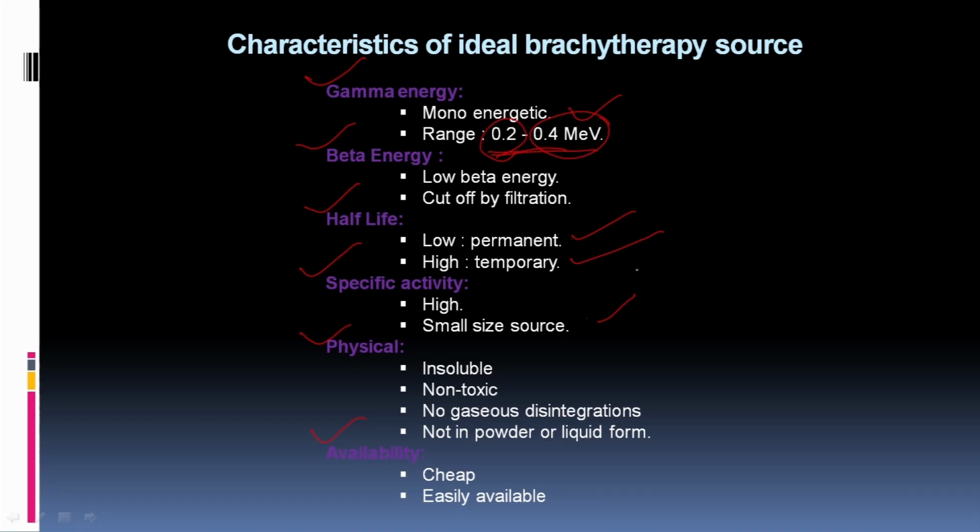Now, regarding physical properties, the ideal brachytherapy source should be insoluble in any type of liquid, and it should be non-toxic. It should not be a bone seeker, meaning it should not be taken up by bone or any other organs, and there should not be any gaseous disintegrations.